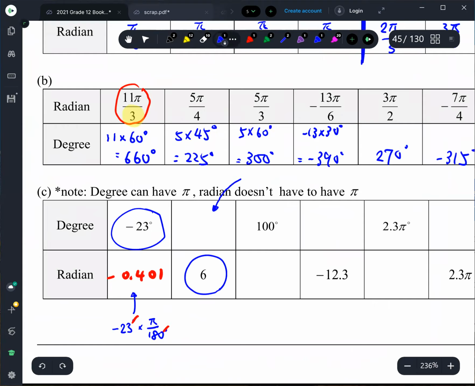To find this one, change to degree, then you should multiply with 180 degrees on top. So 6 times 180 over pi. Okay, so you can see that the degree sign is on the top, so it won't go away, right? The degree won't cancel out. So one more time, you type it into your calculator.